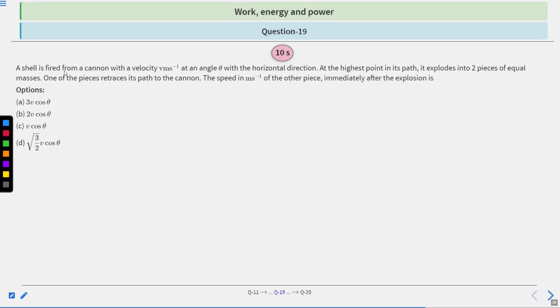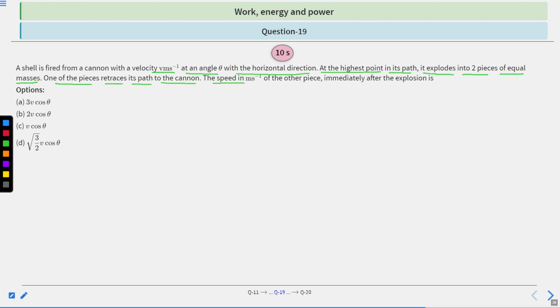A shell is fired from a cannon with a velocity v meter per second at an angle theta with the horizontal direction. At the highest point in its path, it explodes into two pieces of equal masses. Clear? One of the pieces retraces its path to the cannon.